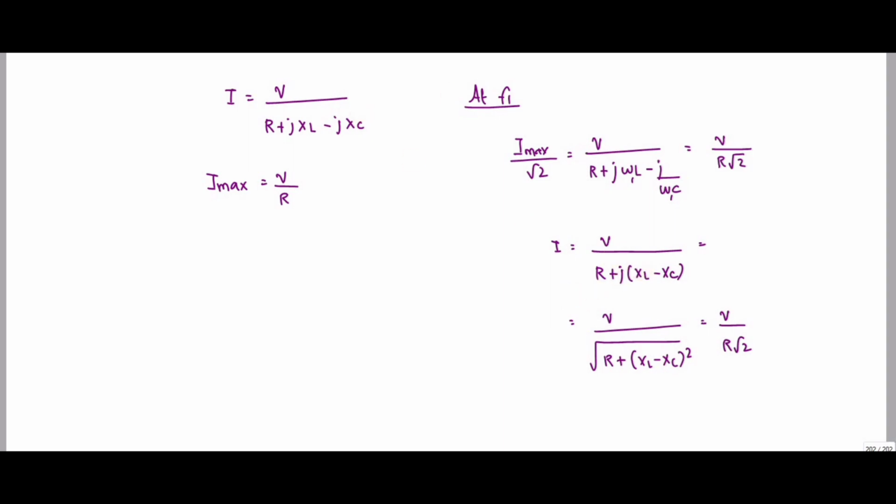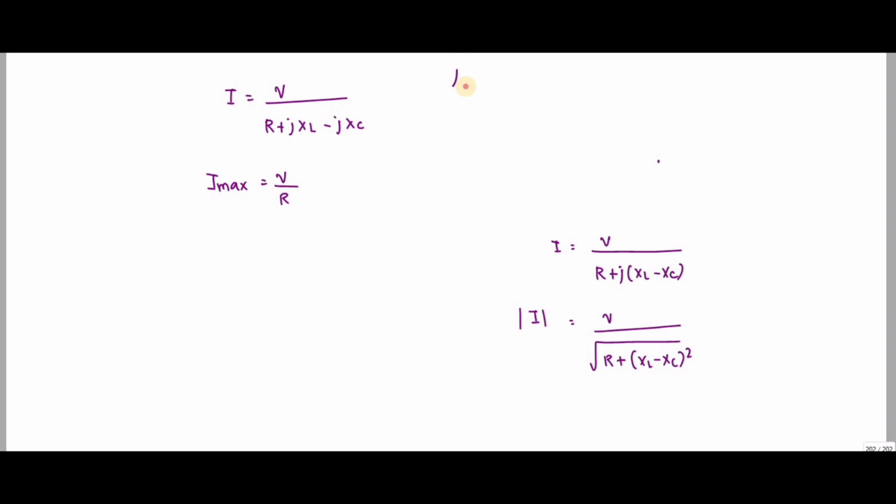So if I take the magnitude of this value, and if I equate I is equal to I max by root 2 at F1, that is equal to V divided by root of R squared plus (XL minus XC) whole squared, that is equal to V divided by R root 2.